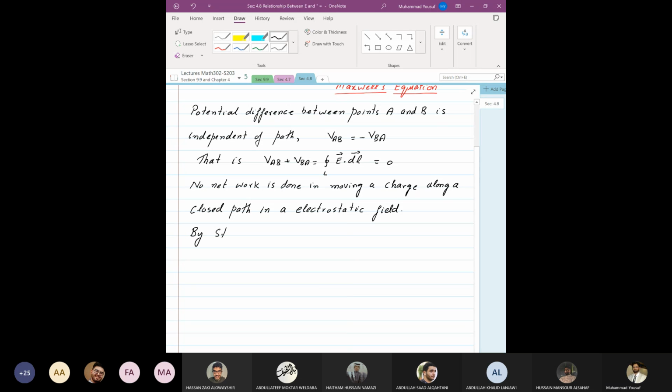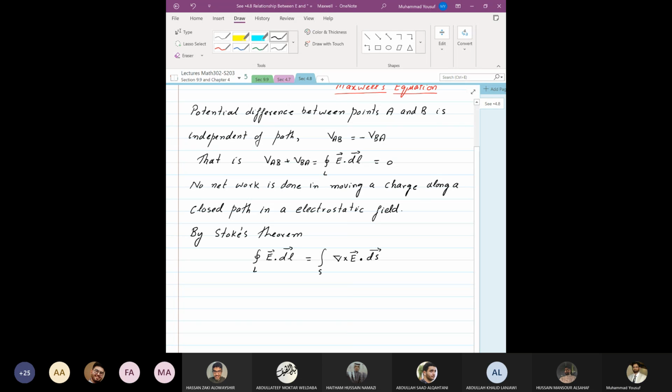We learned before Stokes theorem that the integral over a closed path of E dot dl is equal to the integral over a surface of del cross E dot ds. Stokes theorem.